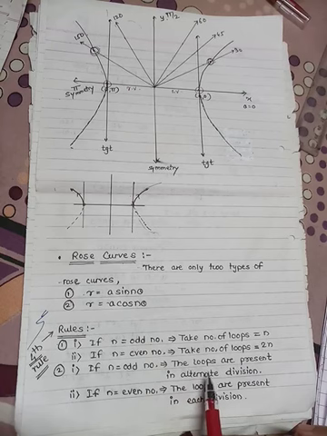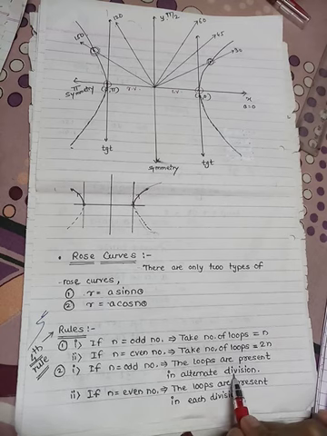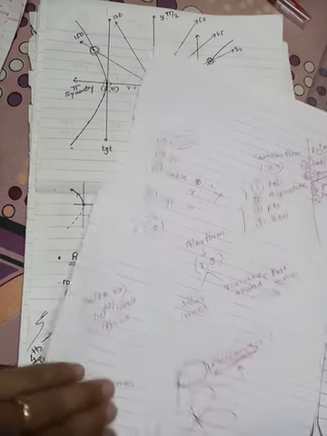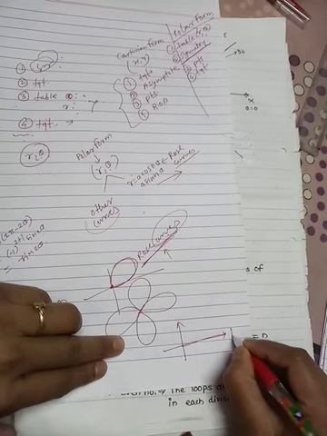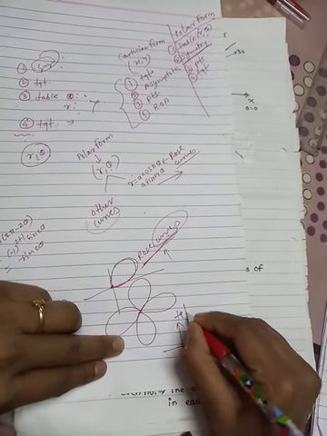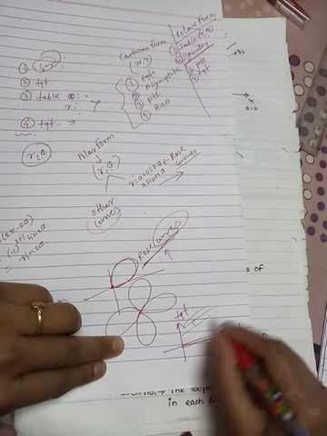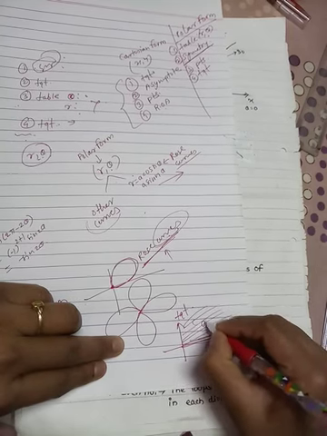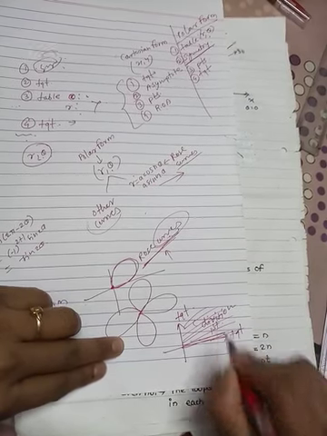If n is an odd number, then the loops are present in alternate divisions. So what is the meaning of division? Division means the space in between two tangents. If in a particular example x-axis is tangent, y-axis is tangent, then this space is called the first division.